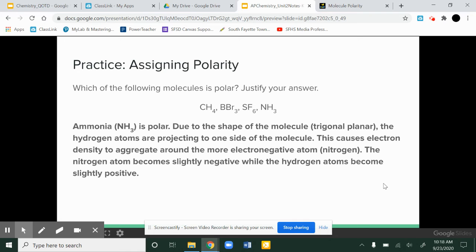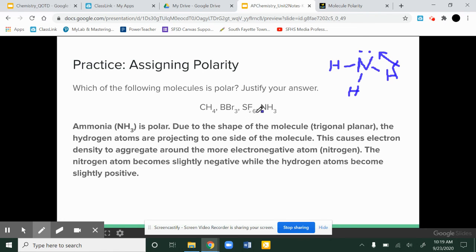Ammonia is polar, and it's the only one out of this list that is polar. It's because of its shape. If we draw its Lewis structure, it's the only molecule that has electron density lopsided on one side of the molecule. It's a trigonal pyramidal arrangement, and the electron density for each one of these dipoles is pulling up towards the nitrogen.